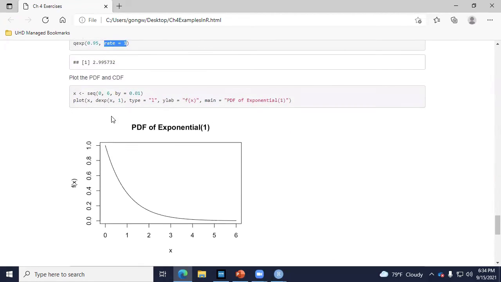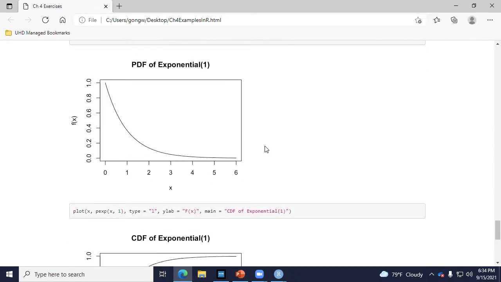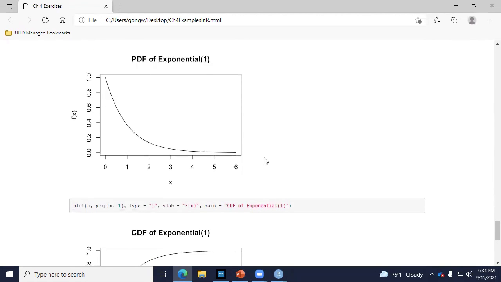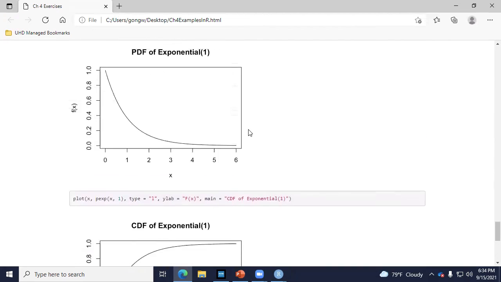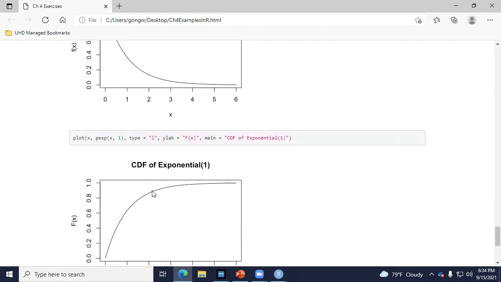This is another example to show you how to get the PDF for exponential distribution. This is lambda equal to 1, and this is the corresponding CDF. When you look at the CDF, I mentioned that the value of probability would never go beyond 1.